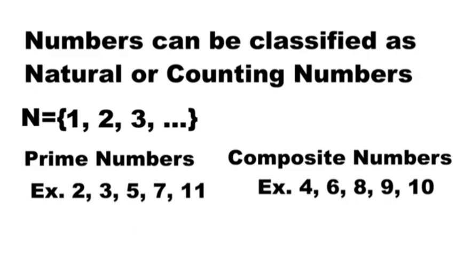And composite numbers are numbers with more than two factors, such as 4. 4 can be factored as 2 times 2, and 4 times 1. 6 can be factored as 6 times 1 and 2 times 3. 8 can be factored as 2 times 2 times 2, 8 times 1, and 4 times 2. 9 can be factored as 9 times 1 and 3 times 3.